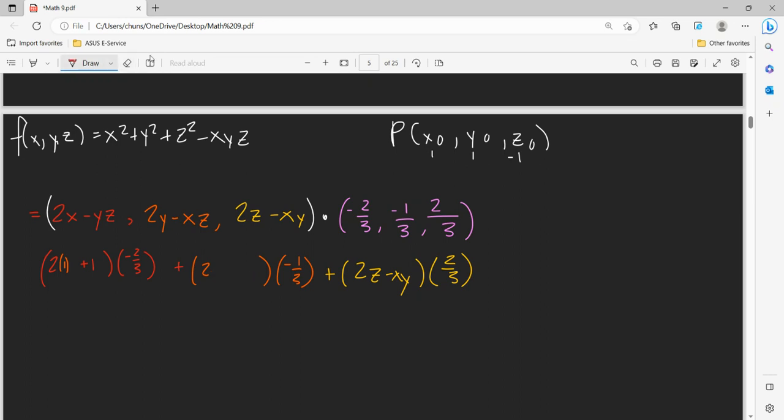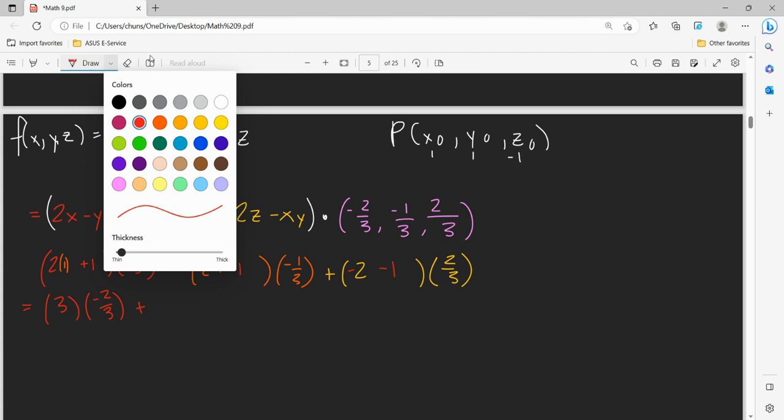And it's going to be -2 minus 1. So -2 minus 1. Okay, so we can simplify this to be 3.